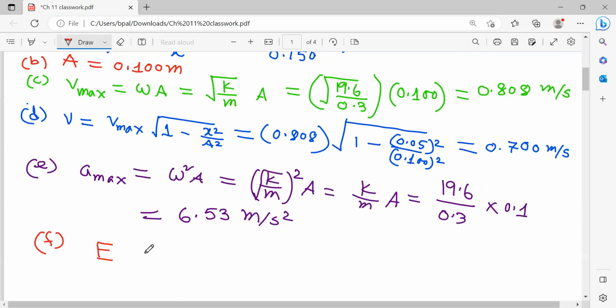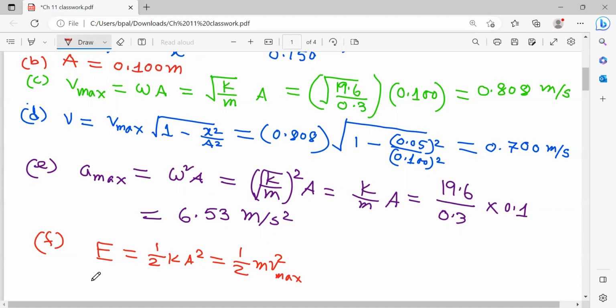You can determine the total energy with either this equation, or there is another equation, half m v square max. Both equations will work. Between minus A and A, the total mechanical energy is always constant, always equal to E.